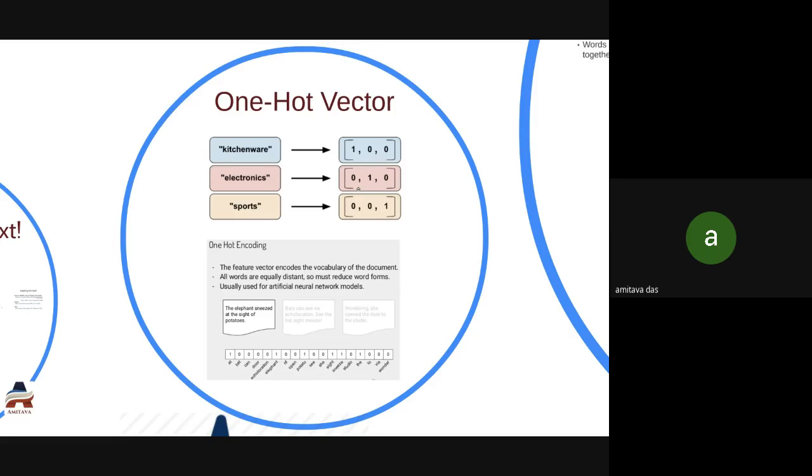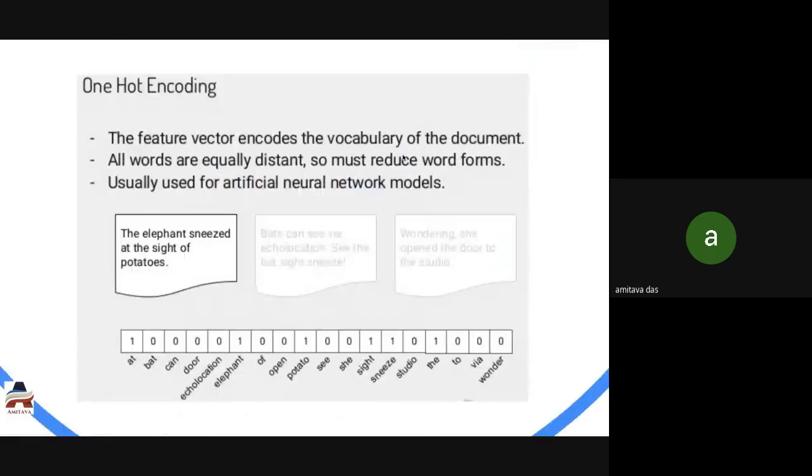Otherwise, it's 0. It's called a one hot vector, because only one place is hot, that is 1. Otherwise, it's 0. Now people also tried, with the same philosophy, to vectorify the document. So let's say you have this document, the elephant squeezed at the site of potatoes, and so on.